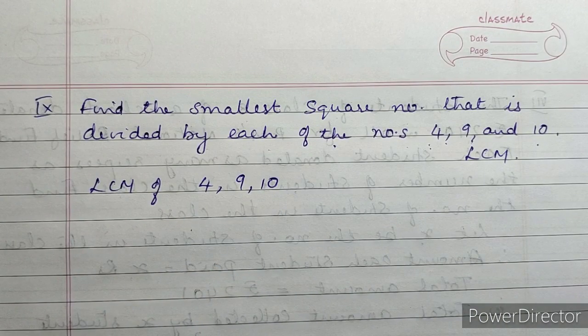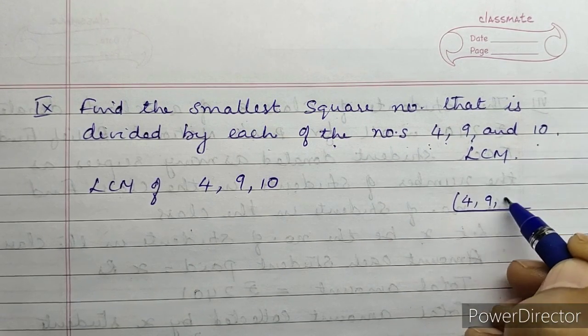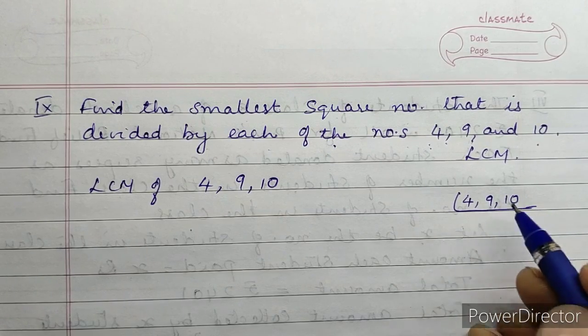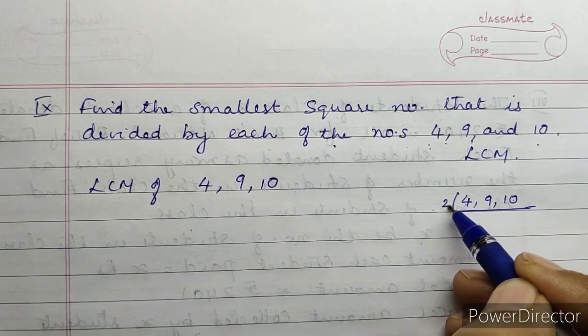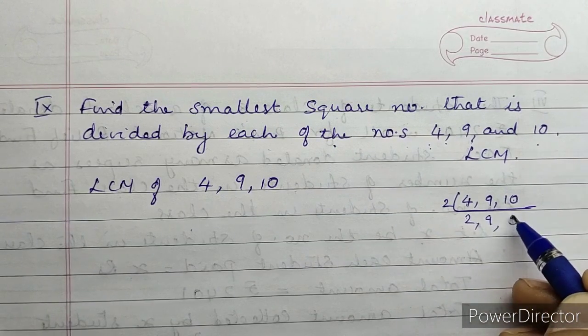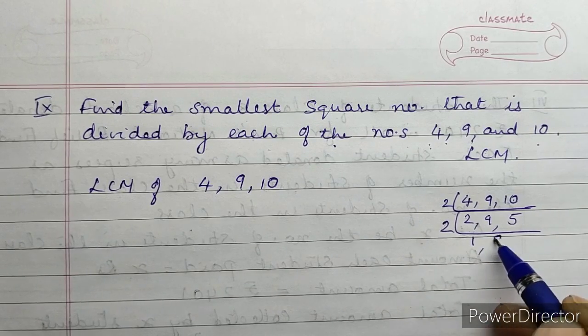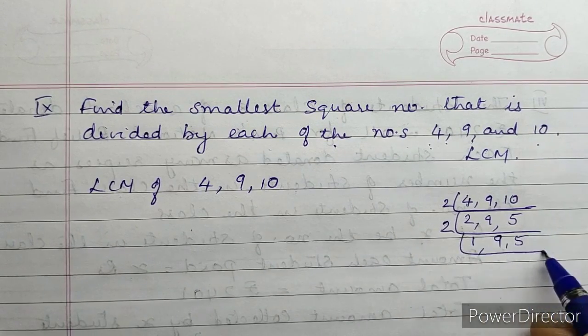To find the LCM of 4, 9 and 10, you have to go back to 6th standard. How have you done it? The same method you have to follow. 4, 9 and 10. Which number do you start with? 4 and 10 will go in 2. So 2, 9, 5. Again you can continue with 2 because 1, 2 is there. The other 2 numbers will not go in 2.